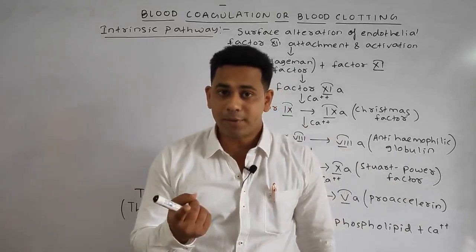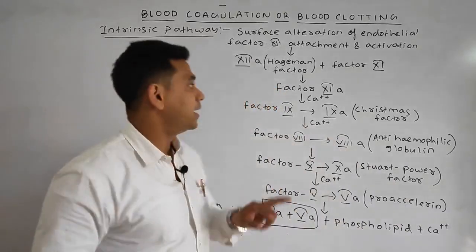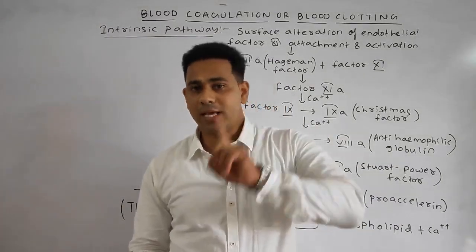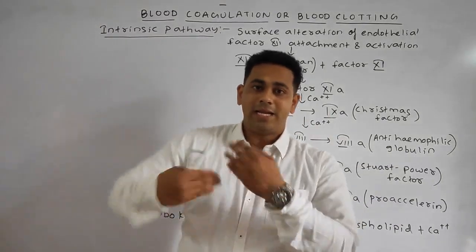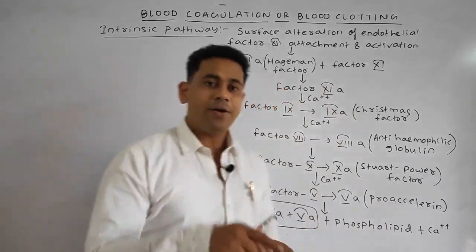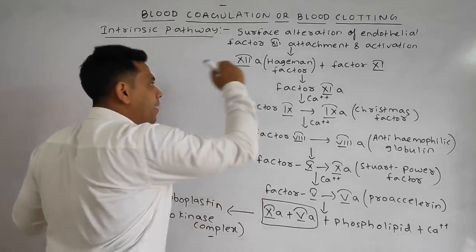Factor number 12, the Hageman factor, is in the inactive form at the starting time. When it comes to the site of the injury, it becomes activated. Now it is converted into 12A.